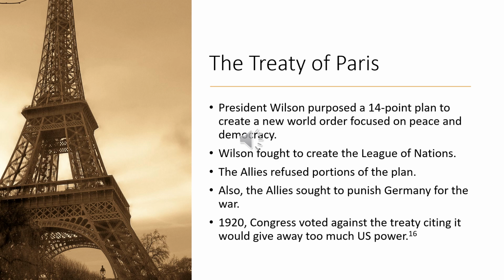However, the Allies refused to join many parts or support many parts of the plan. The Allies, especially France, had pushed to punish Germany for the war, punish Germany almost exclusively for the war. And in 1920, Congress voted against it, citing it would give away too much power to the League of Nations.